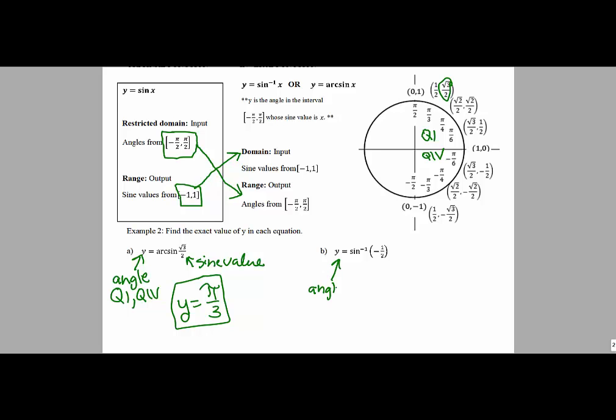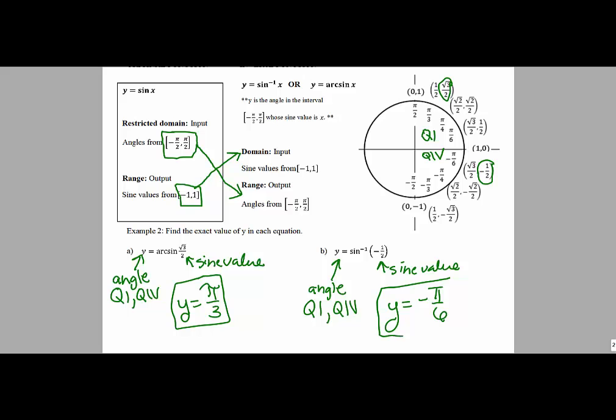For part B, when I'm looking for an angle, we have to look once again for an angle from quadrant 1 or quadrant 4. This time we're looking for an angle that has a sine value of negative 1/2. Well, when I look on my unit circle, a y value of minus 1/2 from quadrant 4 would be right here. Now the answer that we give has to be the negative angle. That would be negative pi over 6.